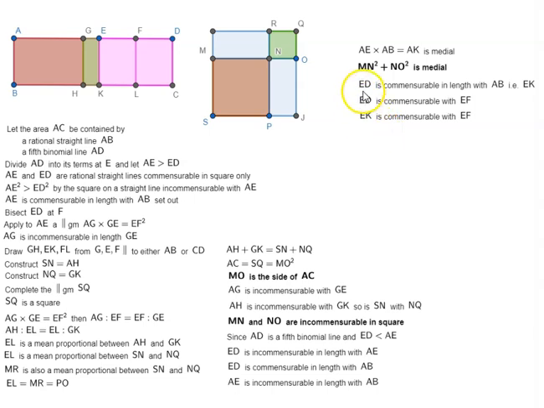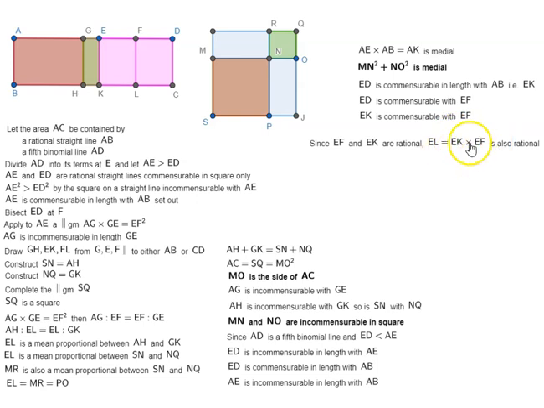Since ED is commensurable with EK and ED is commensurable with EF, that means EK is commensurable with EF. How are EF and EK rational? Because ED is commensurable with AB, which is equal to EK, and ED is commensurable with EF, so EK and EF both are commensurable with AB, which is rational. So EF and EK are rational.